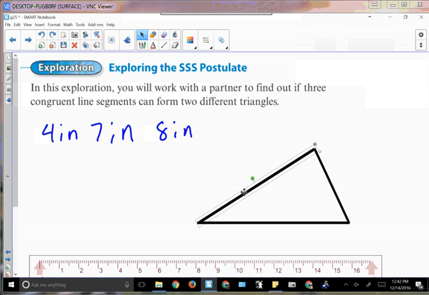So why don't you go and, now that you've got this drawn out, or at least attempted to, does your triangle look the same way mine does? Okay. Look at your partners. Somebody next to you there, look at theirs. Does their triangle look like yours?